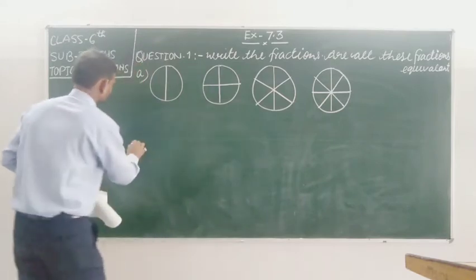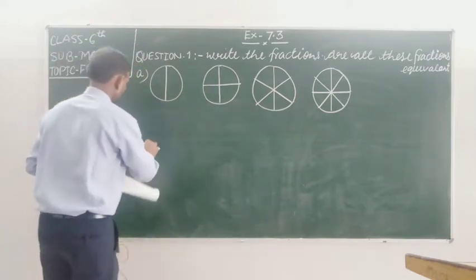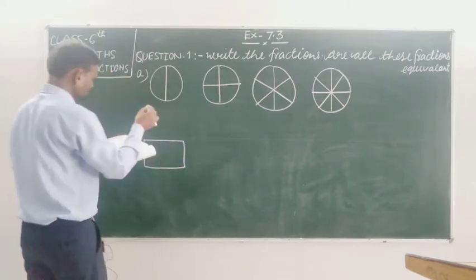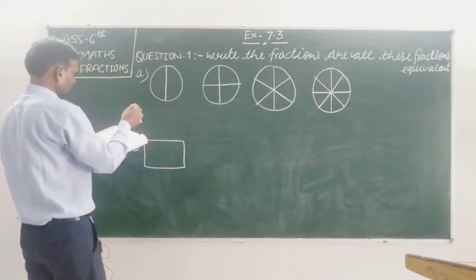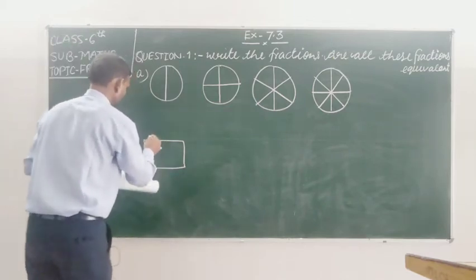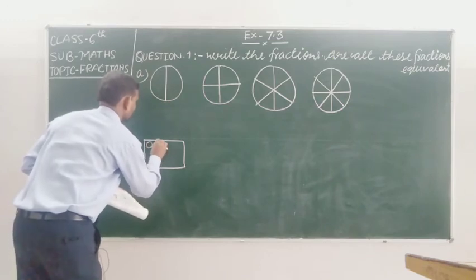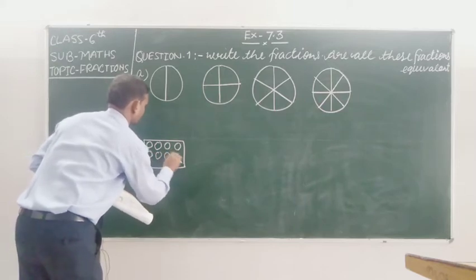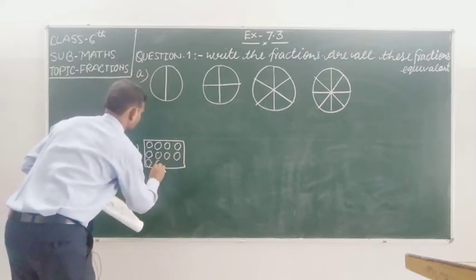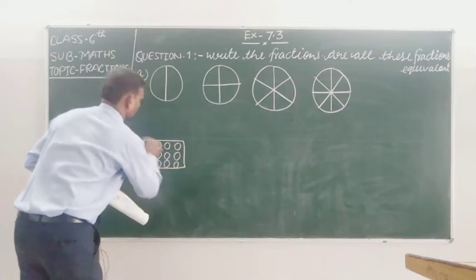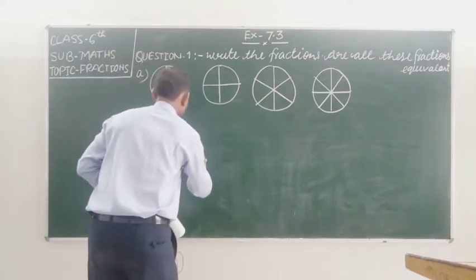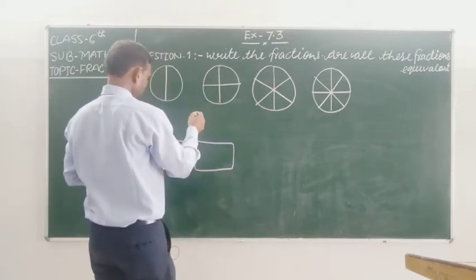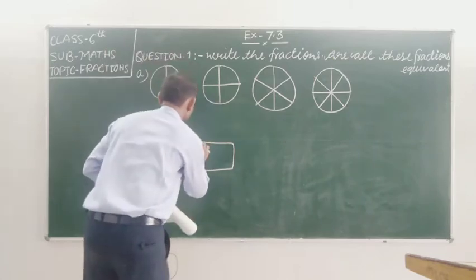And in part B, there is a rectangle, and in this rectangle, there are 12 small circles. And in second figure, also there is a rectangle, and in this rectangle, 9 circles are given.